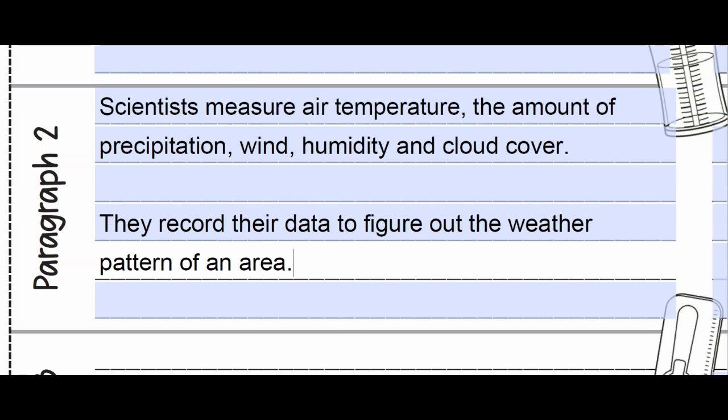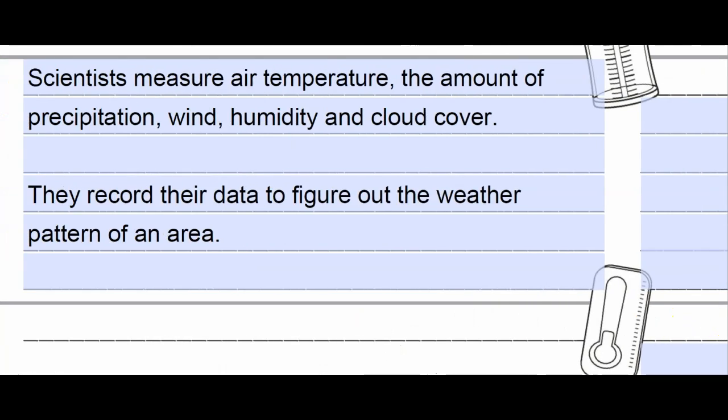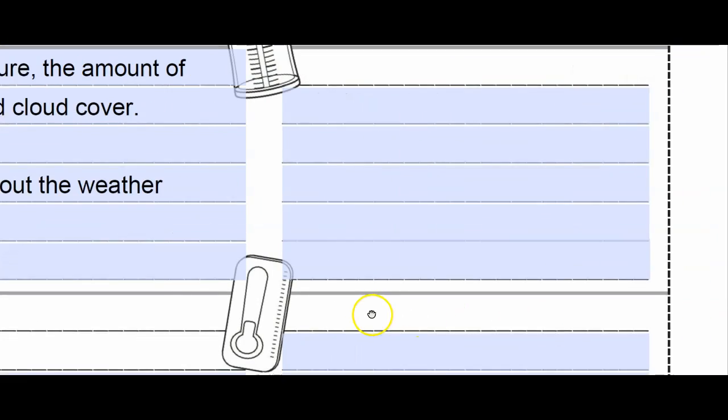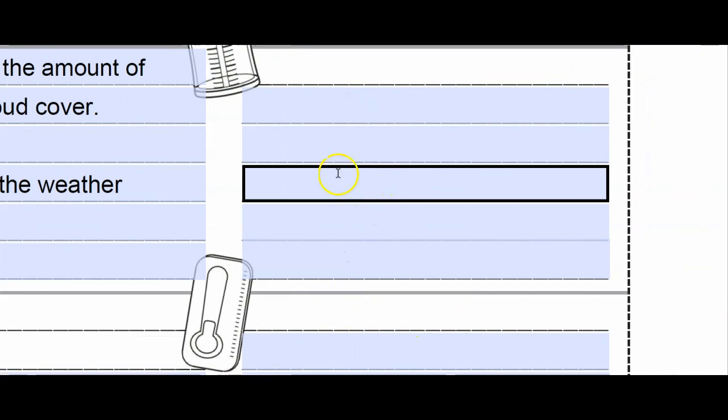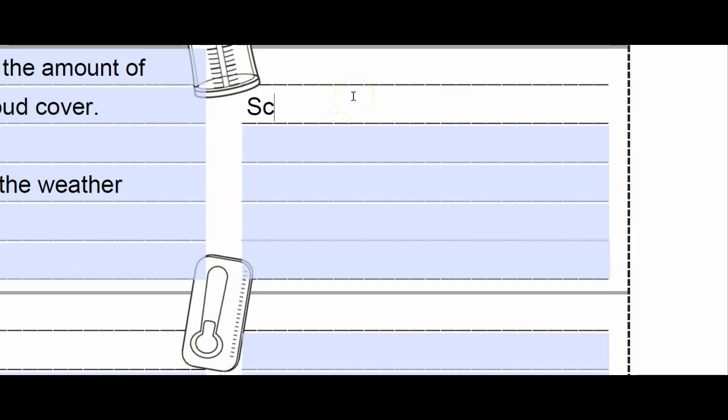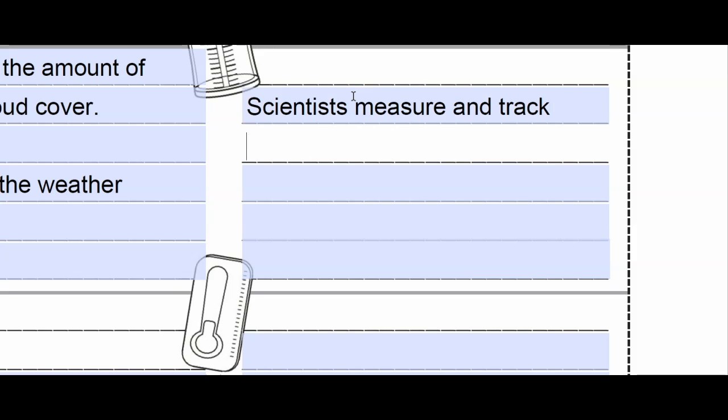Okay. Okay, so we did details from paragraph 2. Now here's the main idea, okay? Scientists measure and track weather patterns. That's the other column.